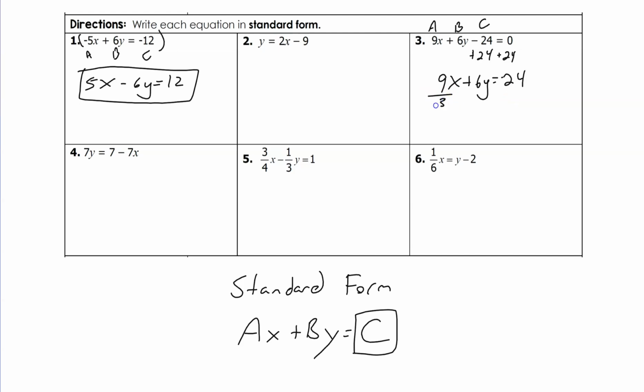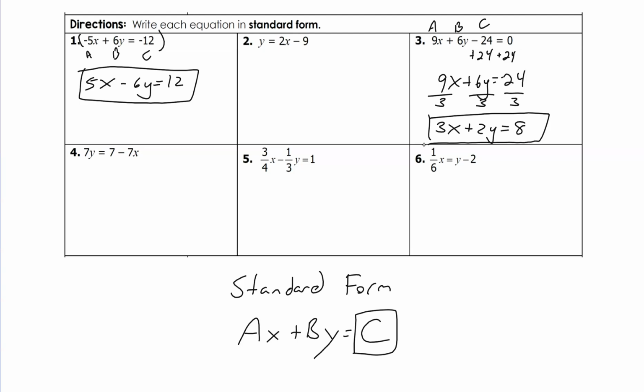The answer is 3 goes into 9, 3 goes into 6, and 3 goes into 24, making this 3x plus 2y equals 8. And notice, now what is the greatest common factor? See how 1 is the only thing that goes into all three? So that's how you know you're in standard form. So you need to factor out the greatest common factor to get it down to where the greatest common factor is just 1.